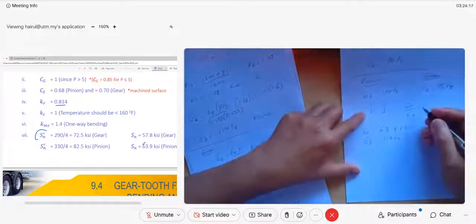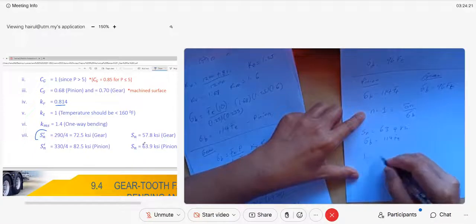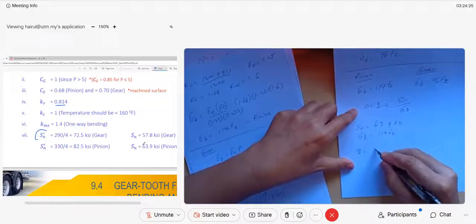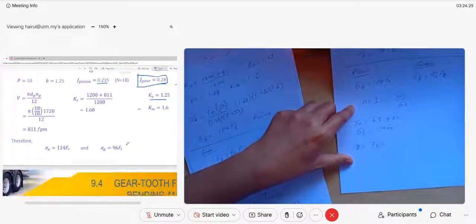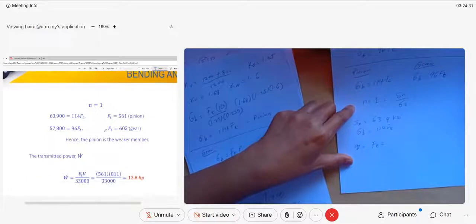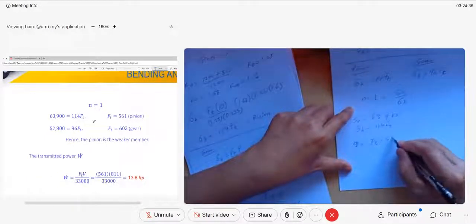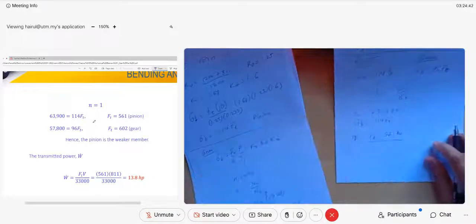Since the safety factor is 1, the endurance limit equals our bending stress. So from here we get FT for the pinion is 561 pound force.